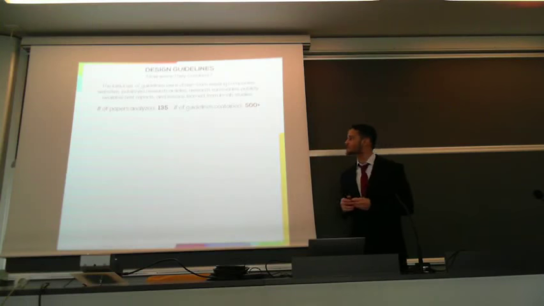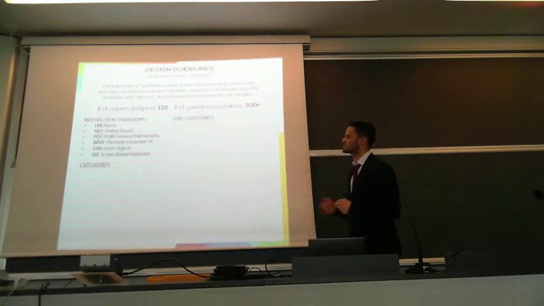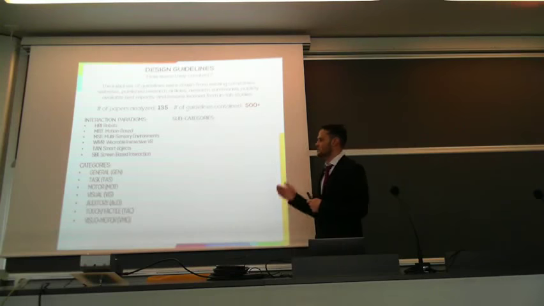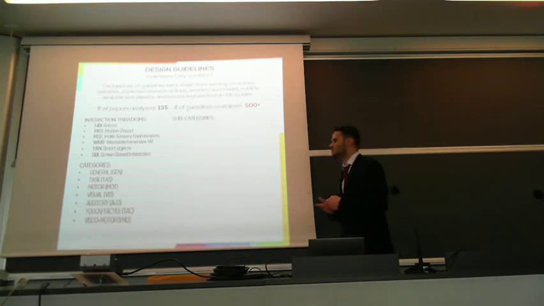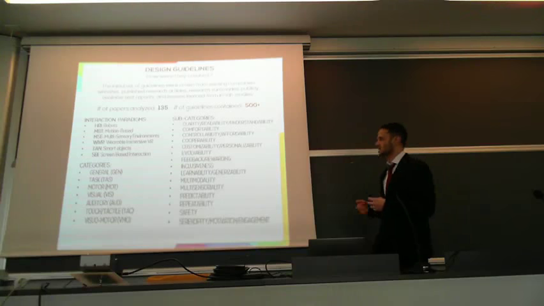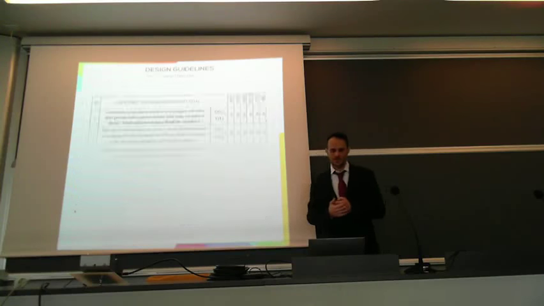I got more than 135 papers and more than 500 guidelines. You can find them in the thesis appendix. And I structured them according to different interaction paradigms, as I said before: generally motor, visual, auditory, tactile, visual-motor, and then different subcategories according to what they really need.